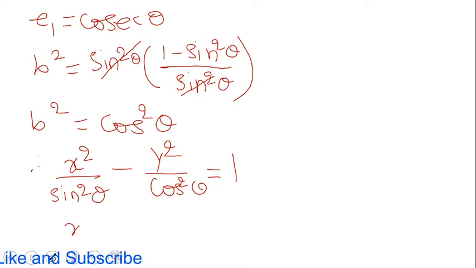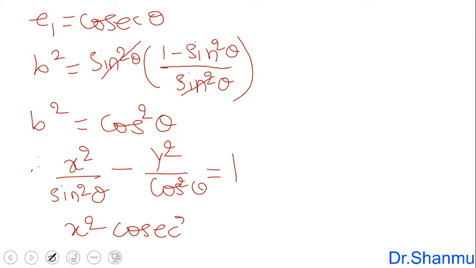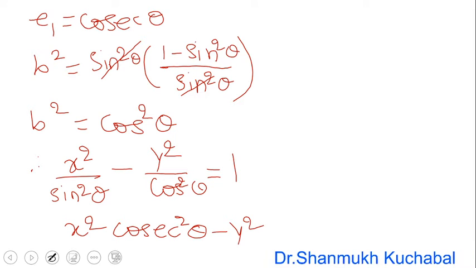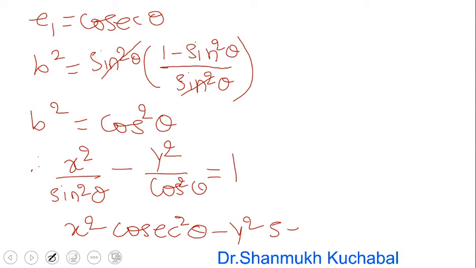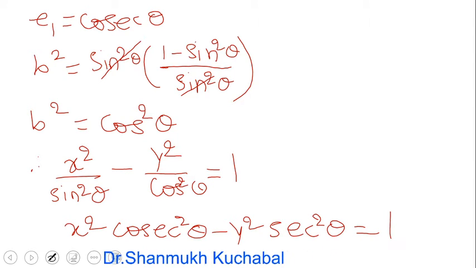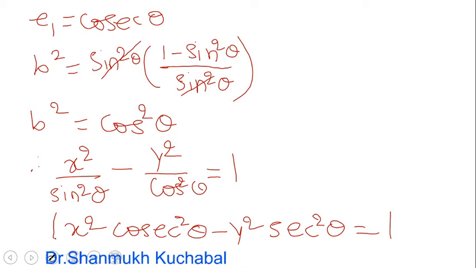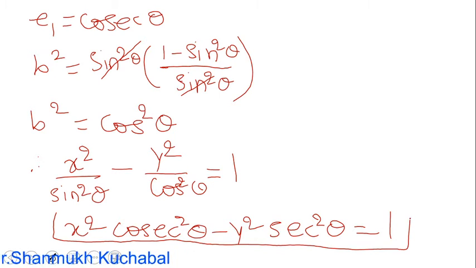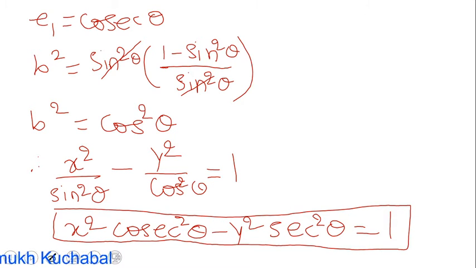Then x² times 1/sin²θ as cosec²θ, minus y² times 1/cos²θ as sec²θ, equal to 1. So this is the required simplification.